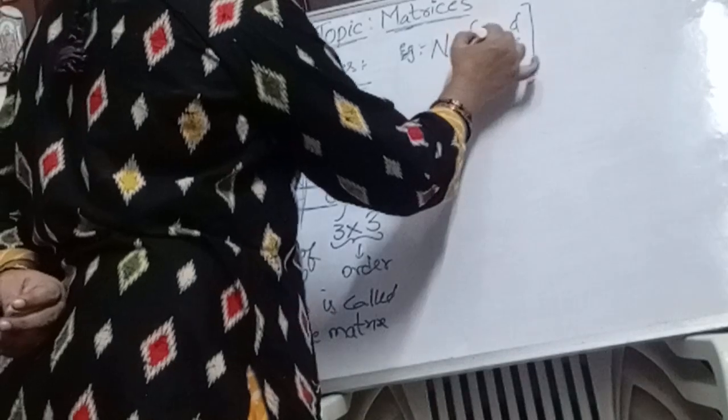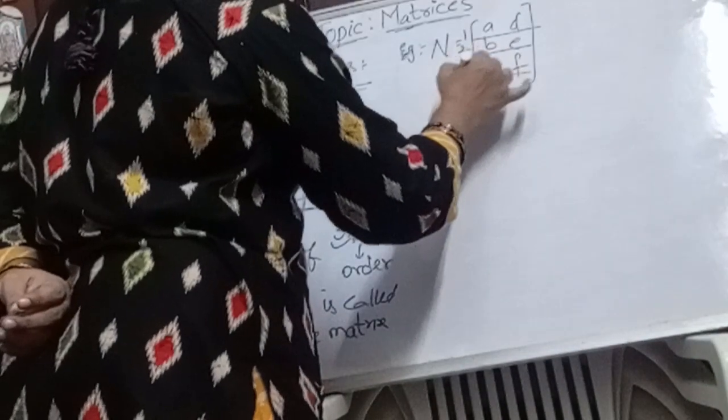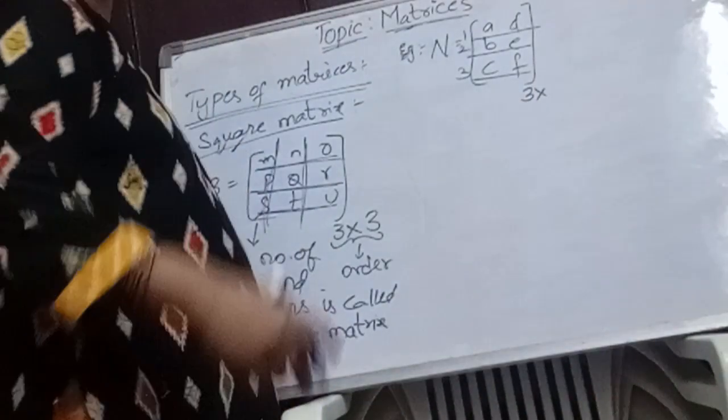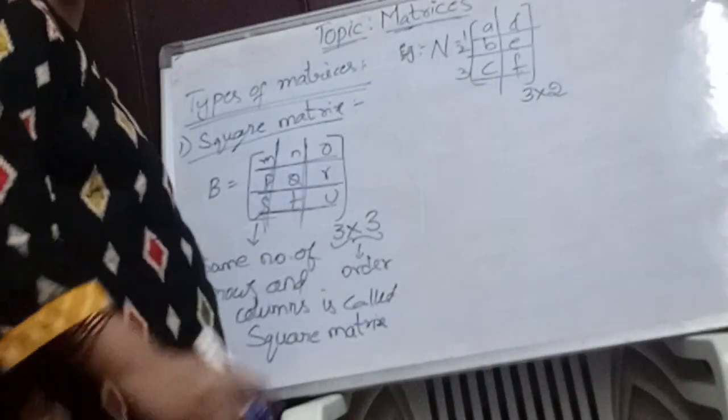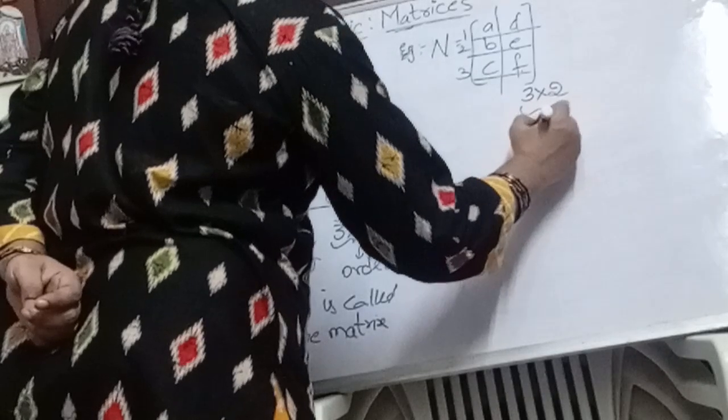So here how many rows are there? This is the first row, this is the second row, and this is the third row. First we specify the number of rows, and next the number of columns. This is the first column and this is the second column. 2 columns. So again, this is the order of the matrix. But here what do you observe?